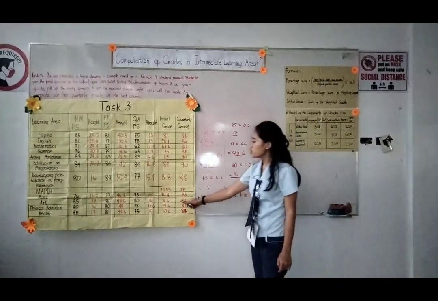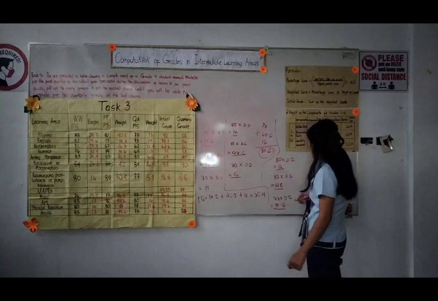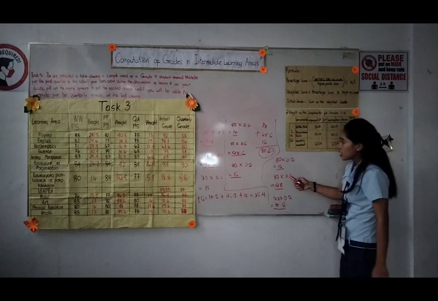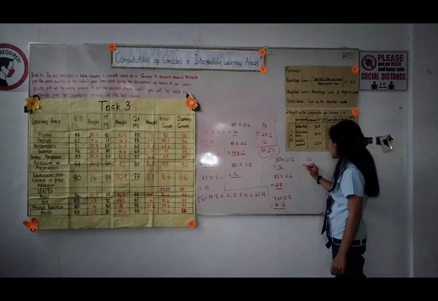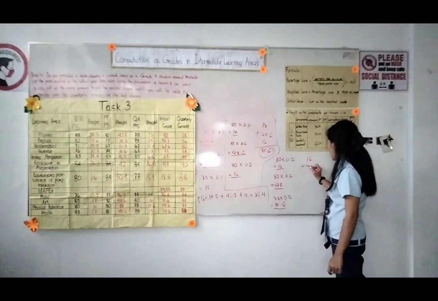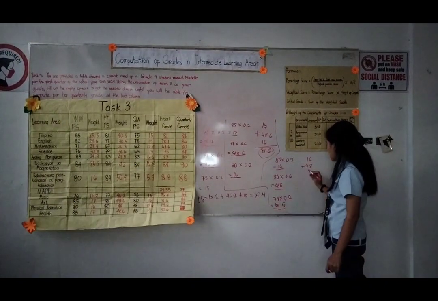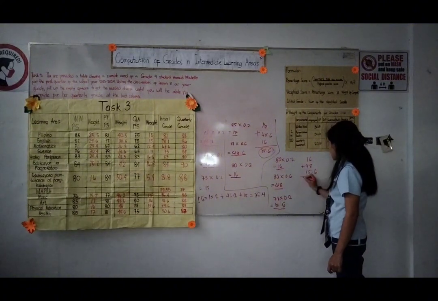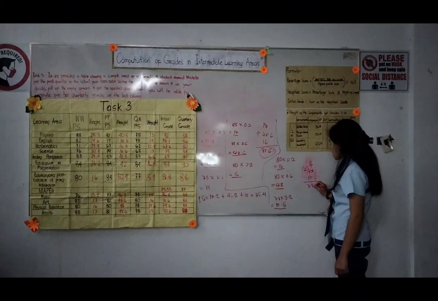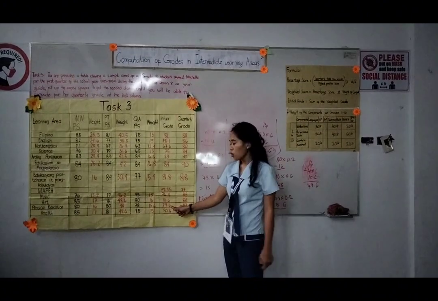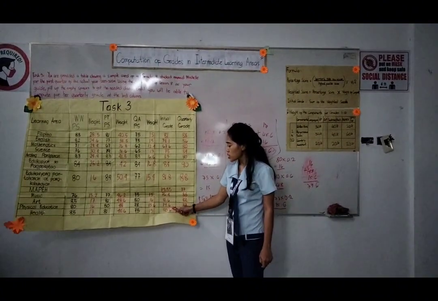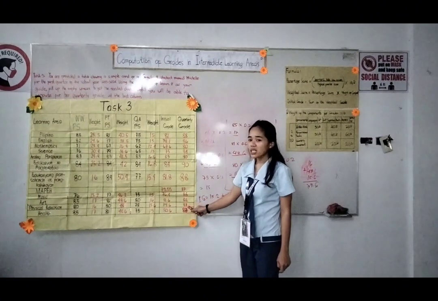To get the initial grade in PE, we're going to add the weighted scores, which is the 16 plus 48 plus 15.6 is equal to 79.6. So, to transmute the 79.6, it is equivalent to 87.